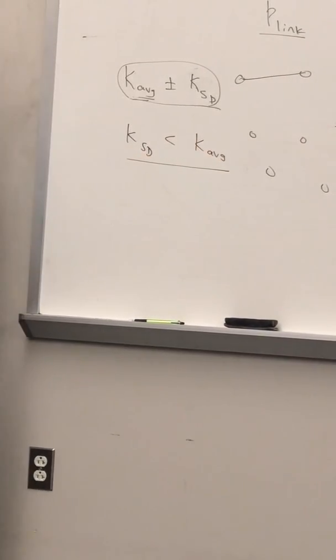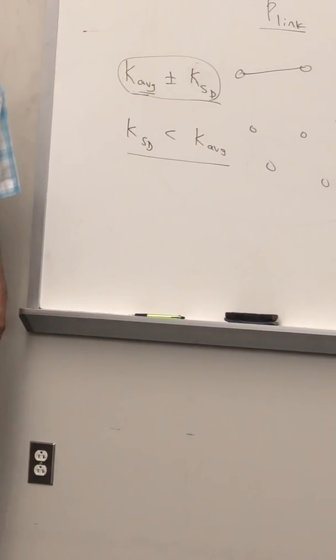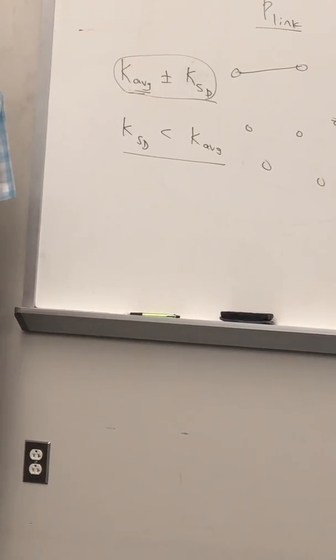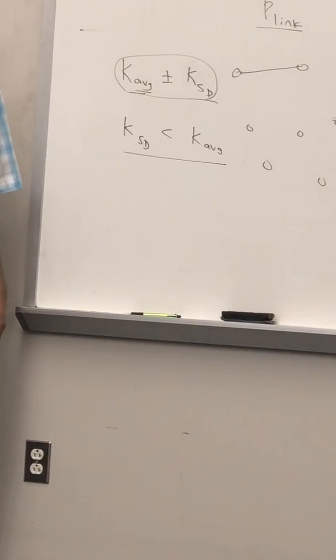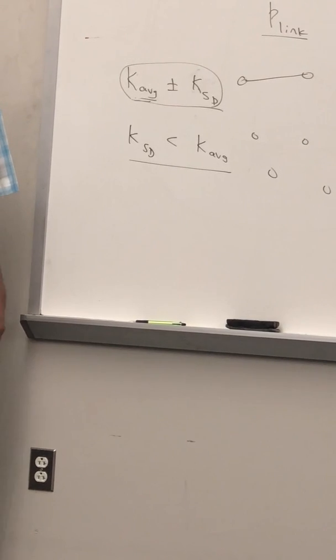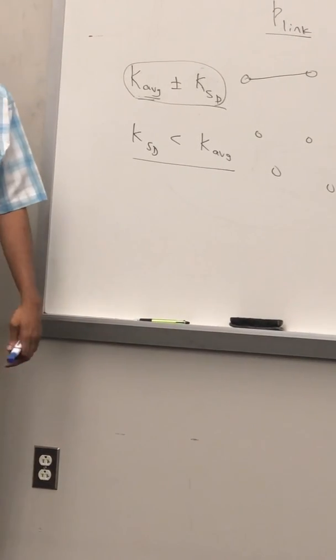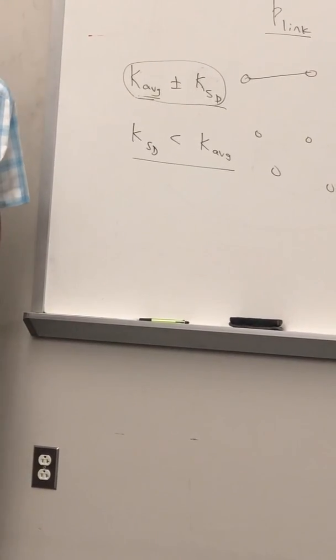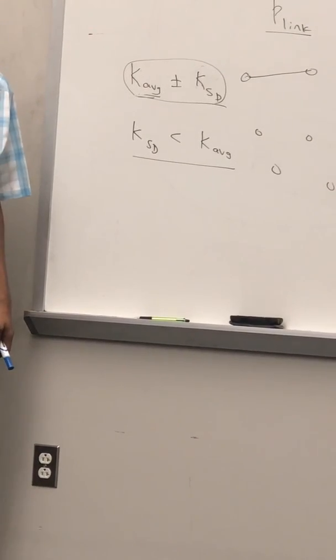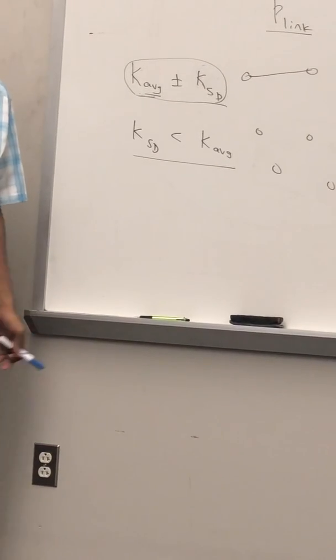When you computed the standard deviation, what did we do? We took k minus the average degree. Ideally we would like that difference to be 0. If all the vertices are the same degree, then the average degree will be the same as the common degree.